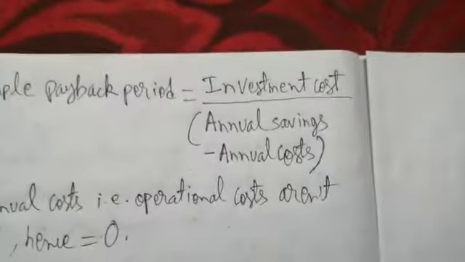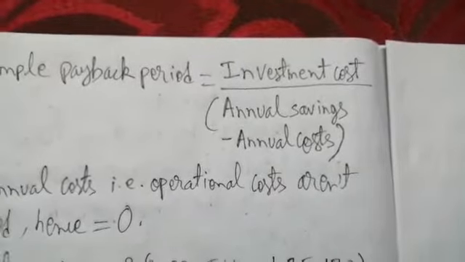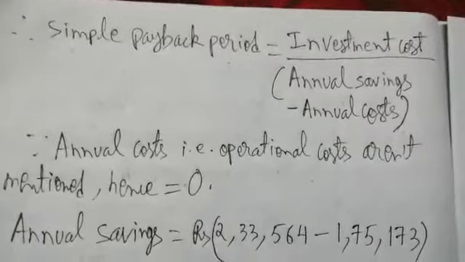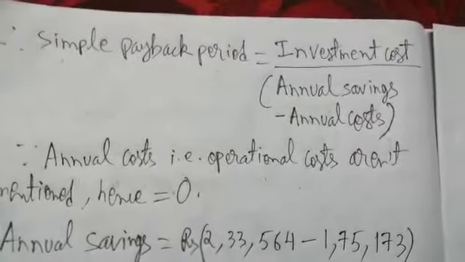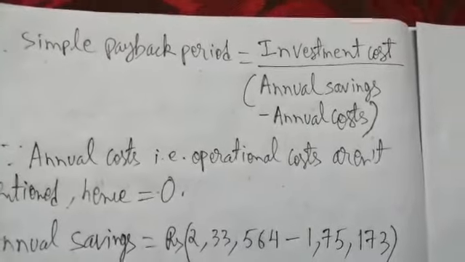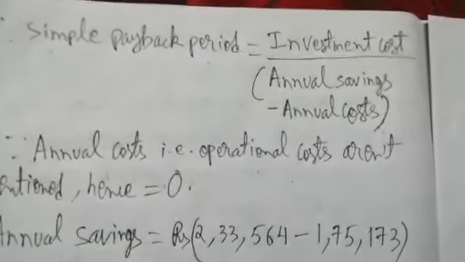Okay, now you can calculate your simple payback period. Simple payback period is defined to be the ratio between your investment cost to that of your annual savings minus annual costs. Now here annual costs are not given. Annual costs are nothing but operational costs, that is maintenance costs, then your administration costs that are associated with these tubes.